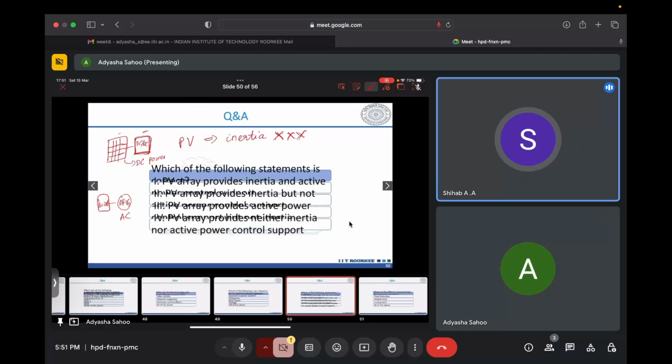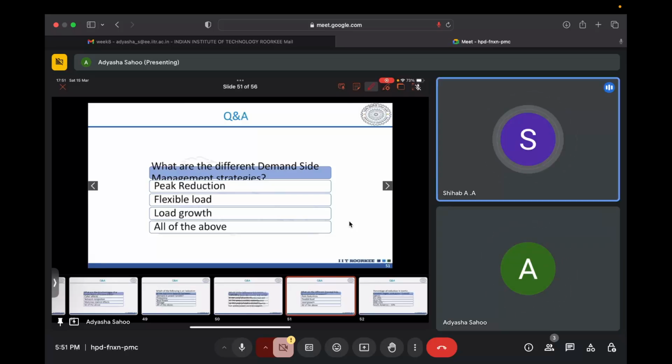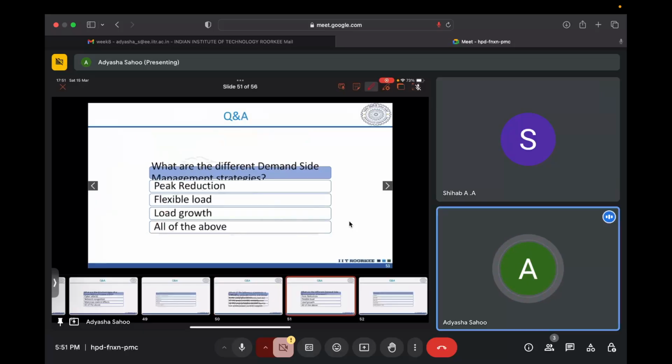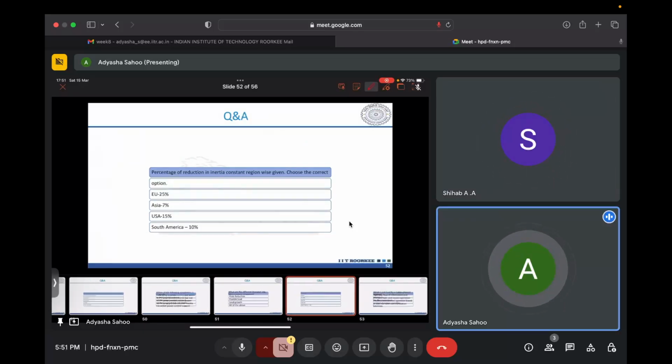Okay, thank you, ma'am. So, what are the different demand side management strategies? All of the above. Yes, correct. Next is the percentage reduction in inertia region wise.